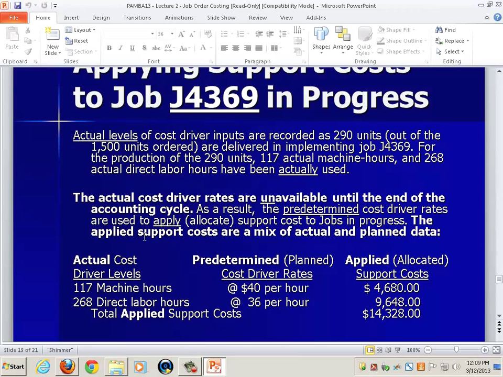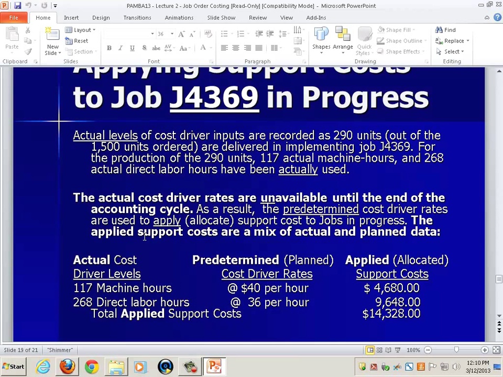So in order to get the actual machine cost incurred for all the jobs for the entire accounting cycle, say a year, we would have to wait until the end of the year. But we want to cost as we go. We don't want to wait and cost until we finish all the job of 1,500 units. We want to cost the 290.